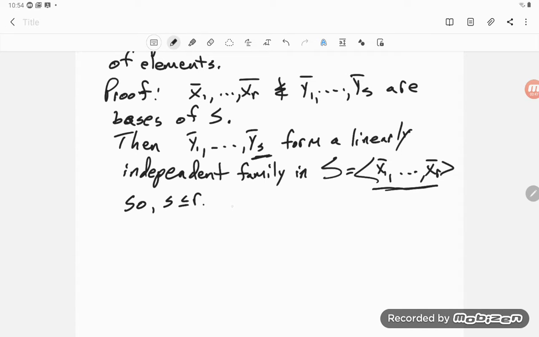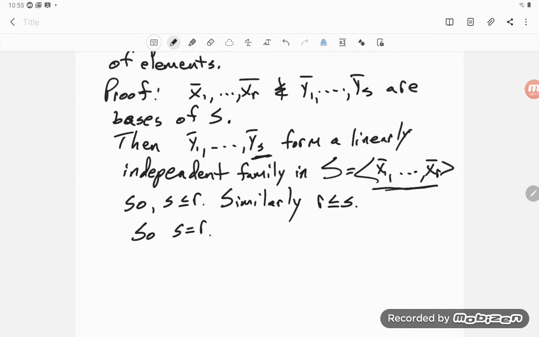Huh. Interesting. They say, oh no, by 3.3. I thought they said 3.3.2. I have a typo in my reading. I can't read. But anyway, so we know that S had to be less than or equal to R, but similarly, R has to be less than or equal to S, so S equals R.